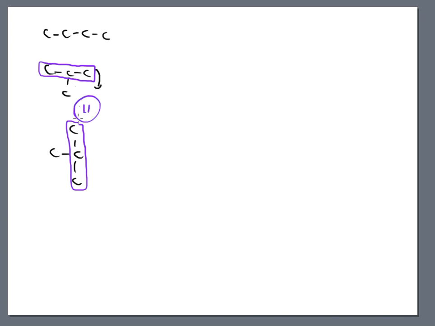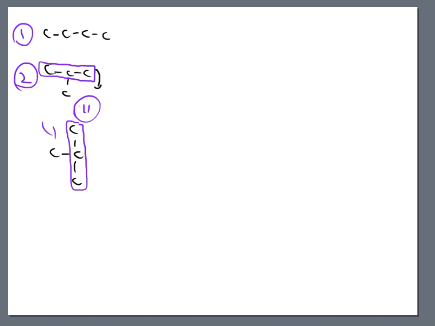So these two are the same structure. They're equal. They're no different. There's no other option that you can draw for butane other than your first choice and your second choice here. You can try to get a little crafty or creative, and you can draw these in weird kinds of positions, but it's the same type of structure. There is no difference. So because of that, that is also isobutane.